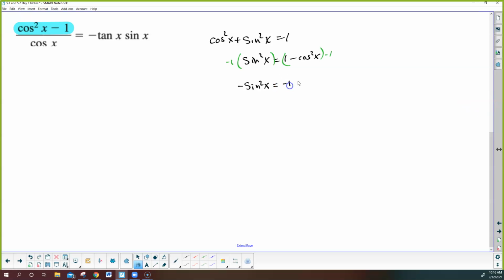So then I have minus 1 plus cosine squared of x. And really, if I wanted to make it look exactly like that, what if I just put the cosine first and then I subtract the 1. Now, that's not the only way you could do this. You could bring the sine over here and bring the minus 1 over here, and you get the same thing.